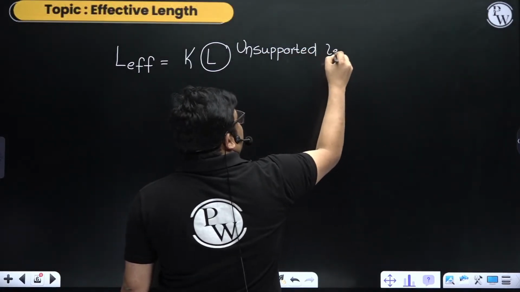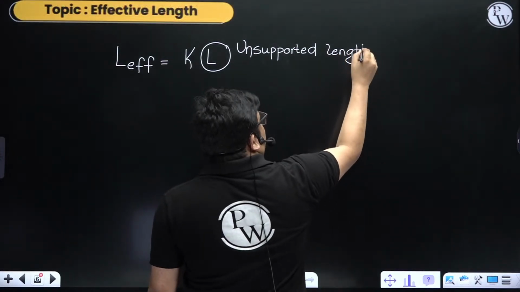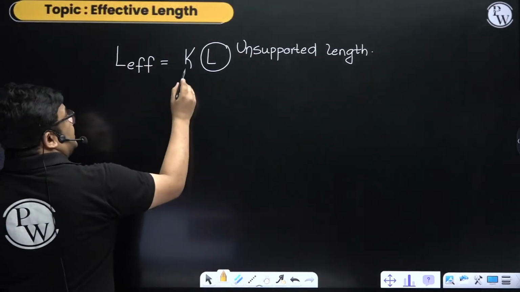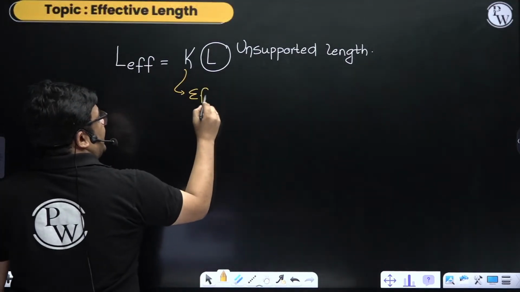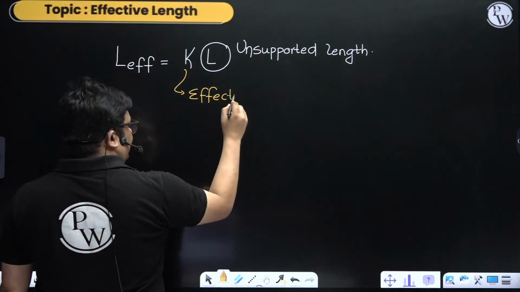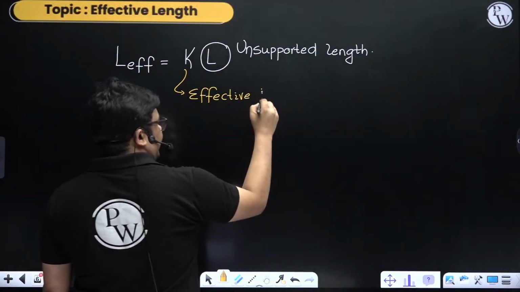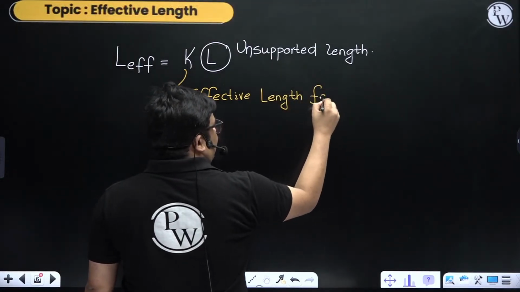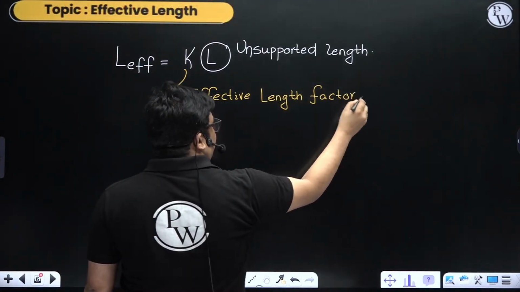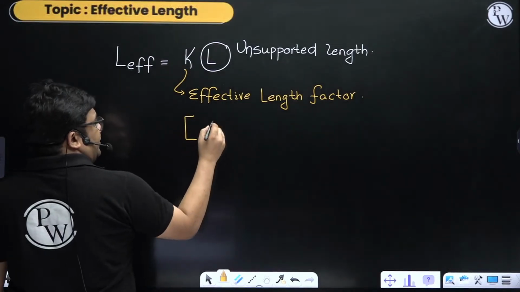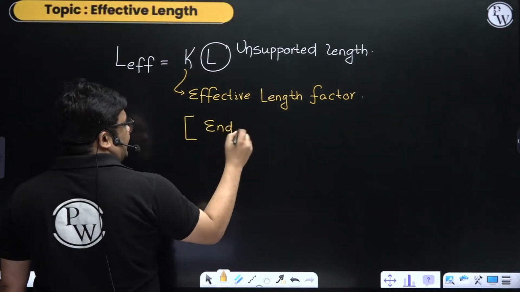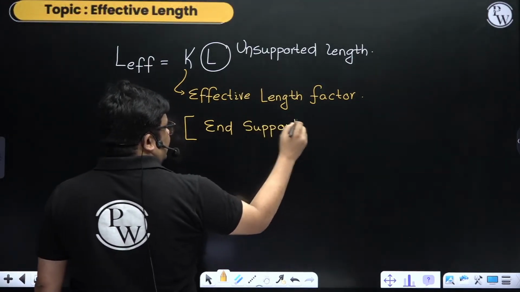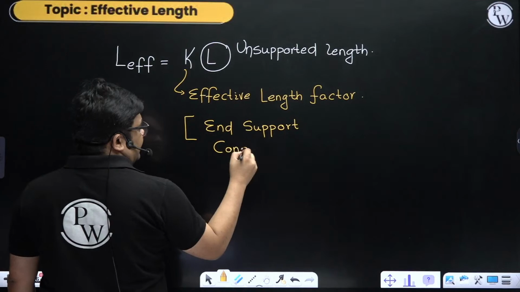So what is this effective length factor and on what things does it depend? This is your effective length factor, and it depends on the boundary or end support conditions.